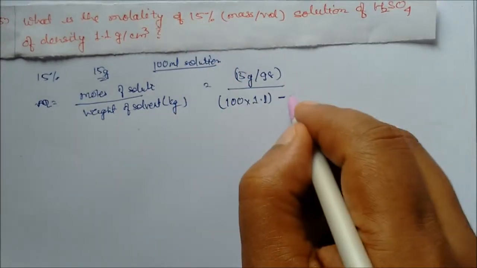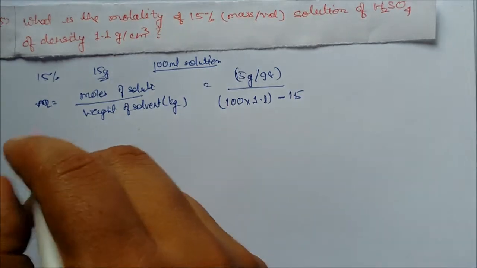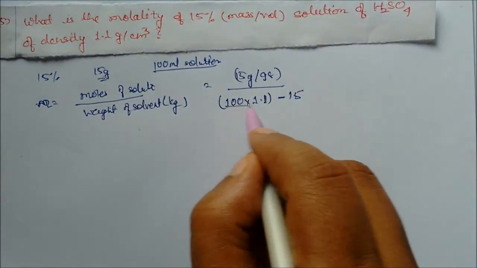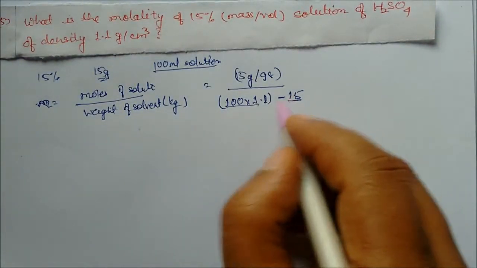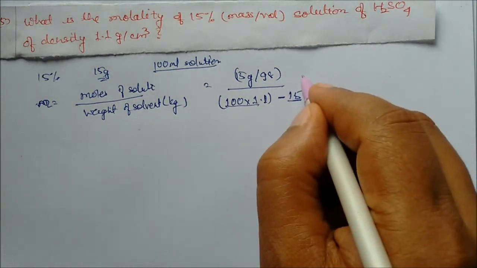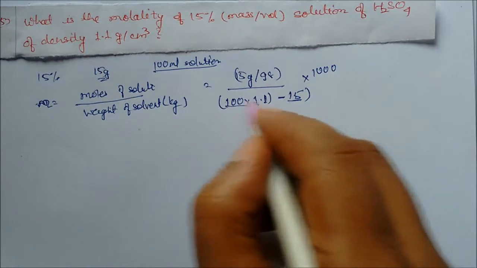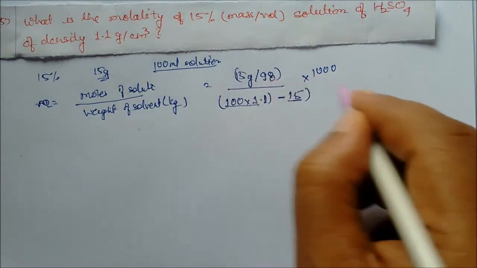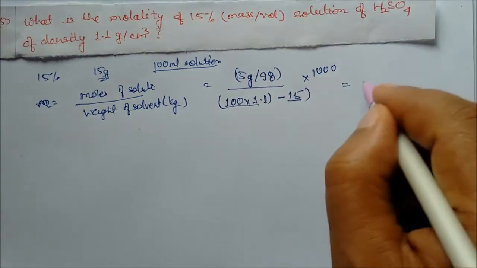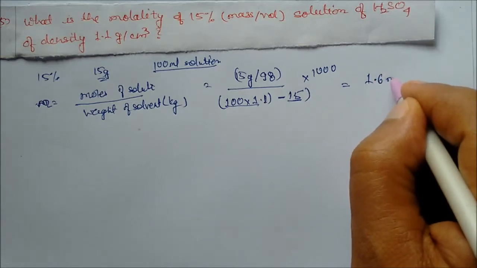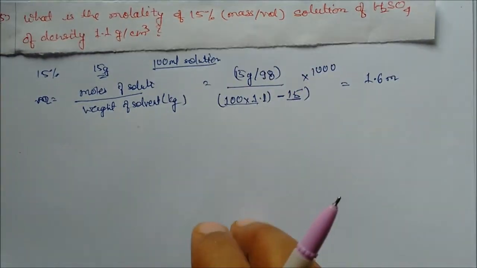On solving, we get 1.6 molality. So this is the way to find the molality of the solution.